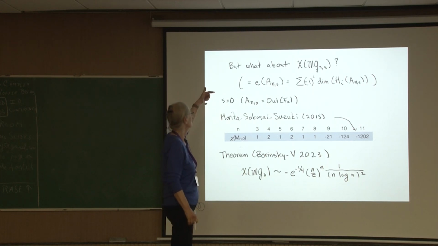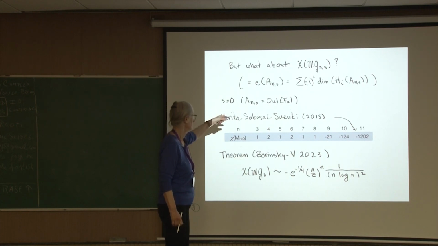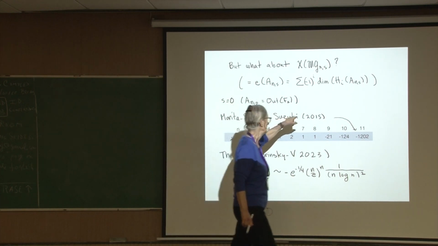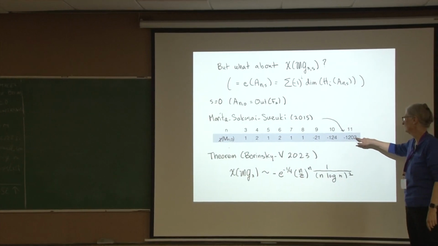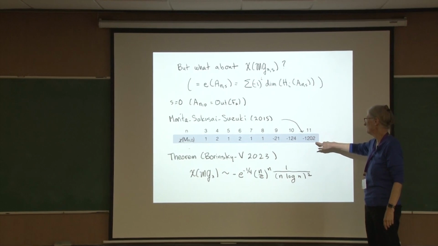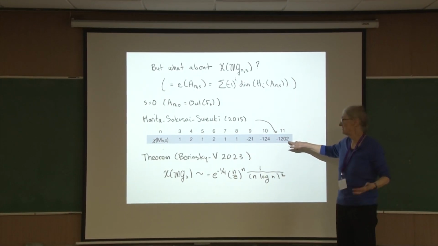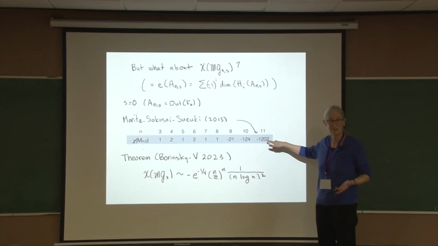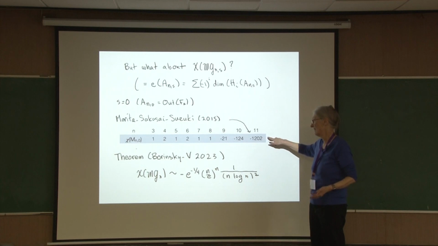People have tried to calculate this Euler characteristic. The most impressive result was due to Morita, Sakasai, and Suzuki, who calculated that in rank 11 the Euler characteristic is minus 1202. So it looks like it's at least starting to grow pretty fast. Like we know the rational Euler characteristic grows fast.